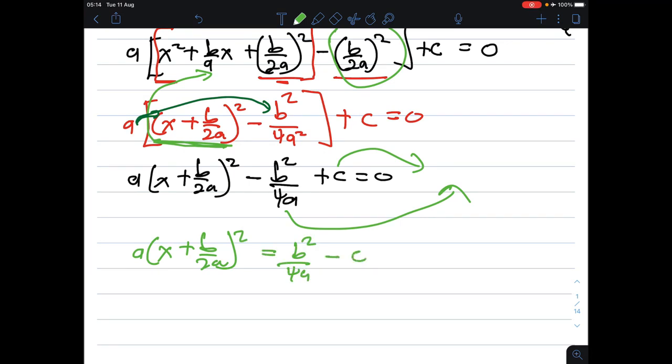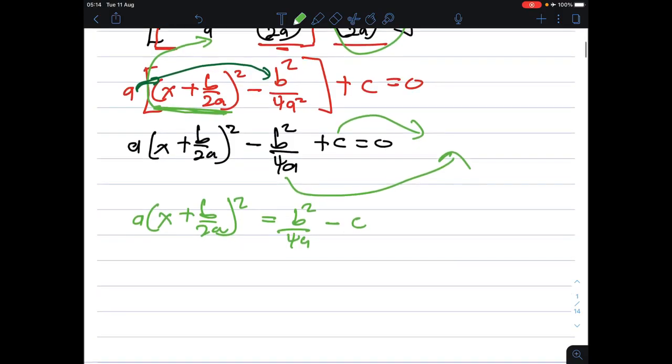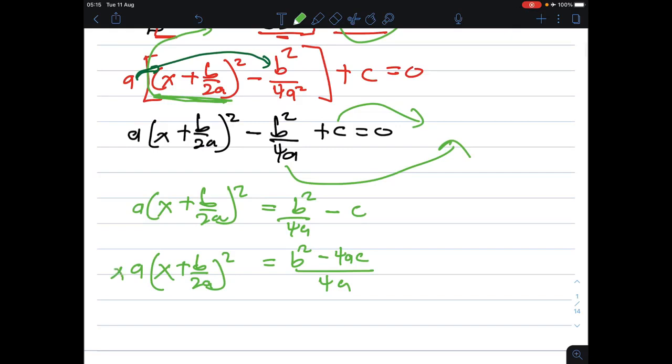Okay, well, this means that we can also start to deal with the right hand side. Okay, so that would be b squared minus 4ac all over 4a. Okay, so we have this. Then we can also decide to multiply through by 1 over a so that we get rid of this a.